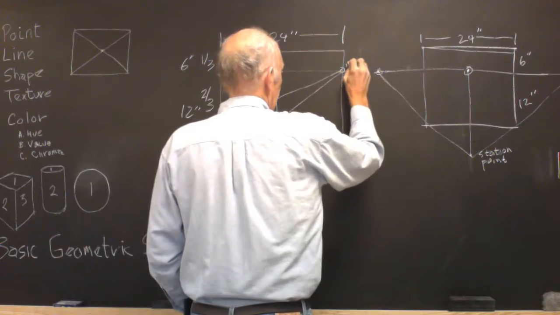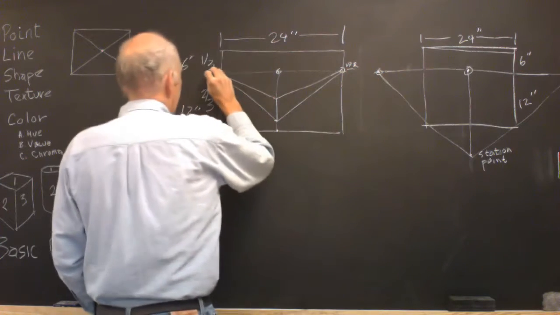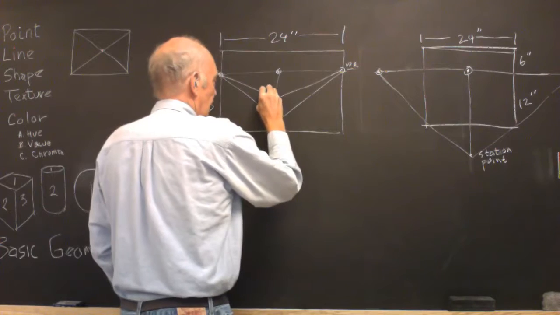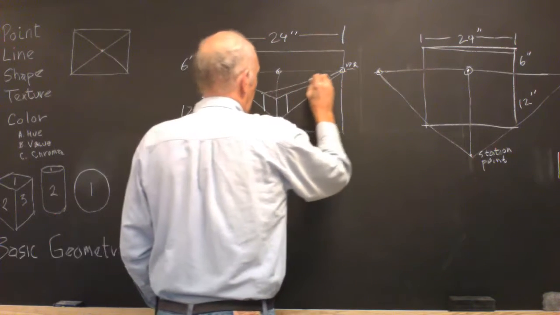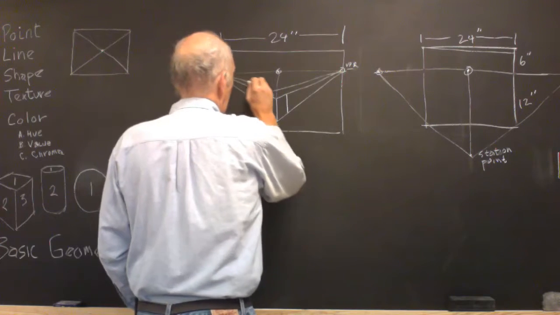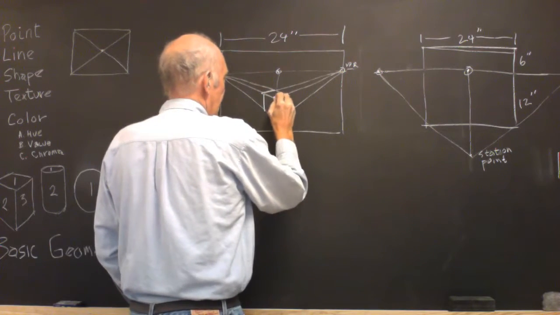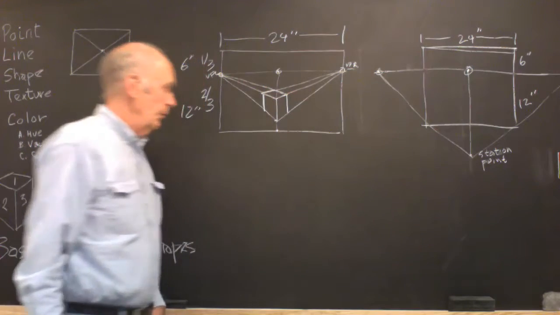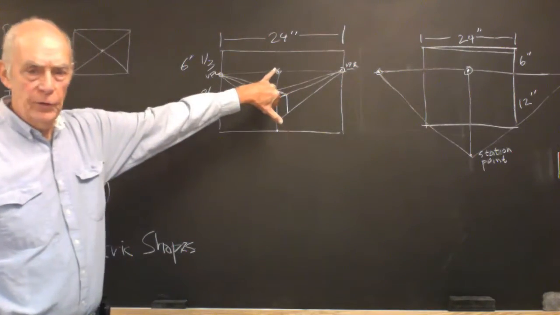This is vanishing point right, and this is vanishing point left. Finish drawing the block. And this is a block or a cube in 2-point perspective with half the normal viewing distance.